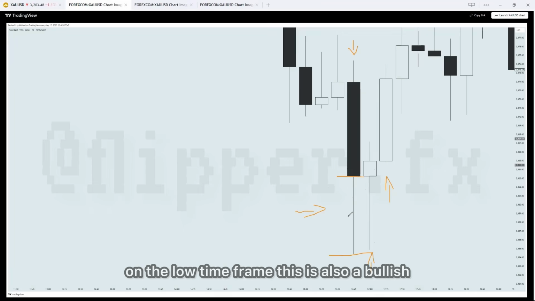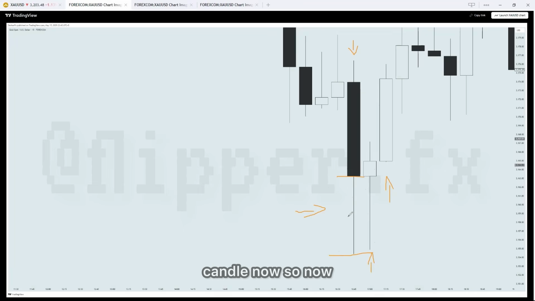On a low time frame, this is also a bullish candle. Sellers gave their full effort to take the market further down, but buyers entered on the same candle, and the deal between the sellers and buyers was made. They found a fair price to buy, and immediately after that, you can see the volume of buying.